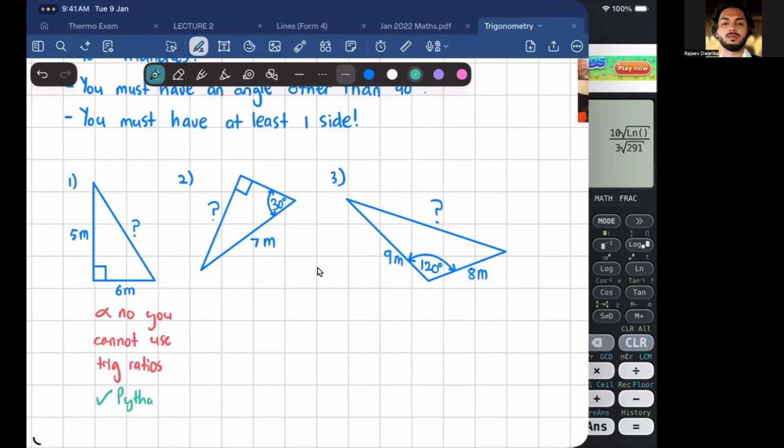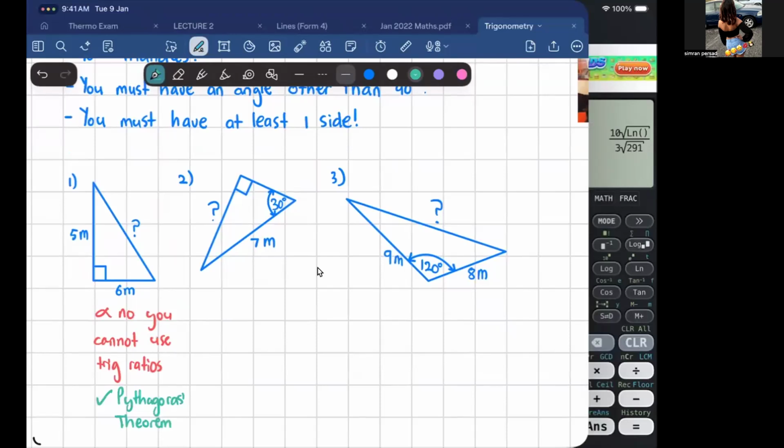If it has two sides, Pythagoras. If it has more than one angle, trigs. That's the way to remember it.